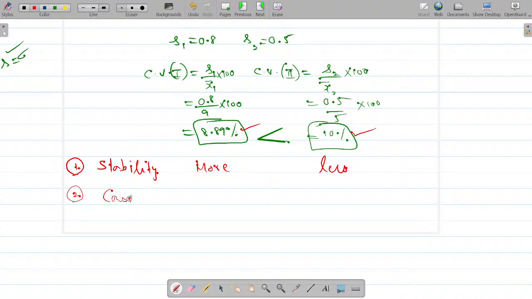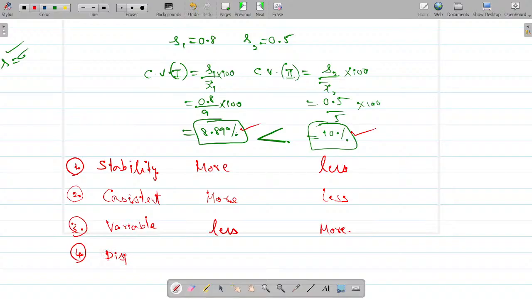Second one, with respect to consistency, how far it is consistent, which is more consistent? This is more consistent. This set is less consistent. Third one, variability. This is less variable. This is more variable. Variable means more dispersed, or you can say how far it is dispersed, or you can use the term deviated.